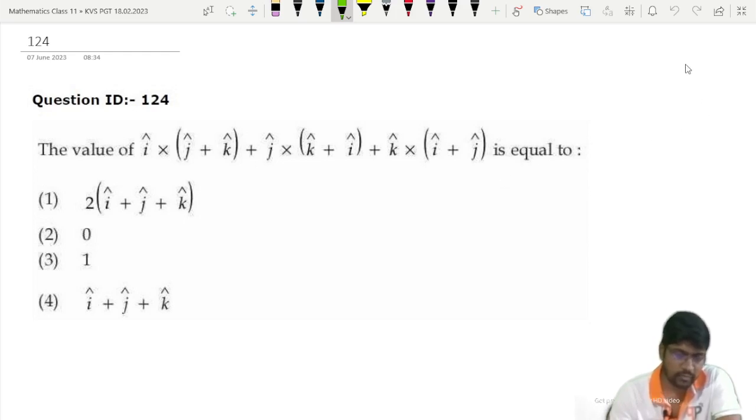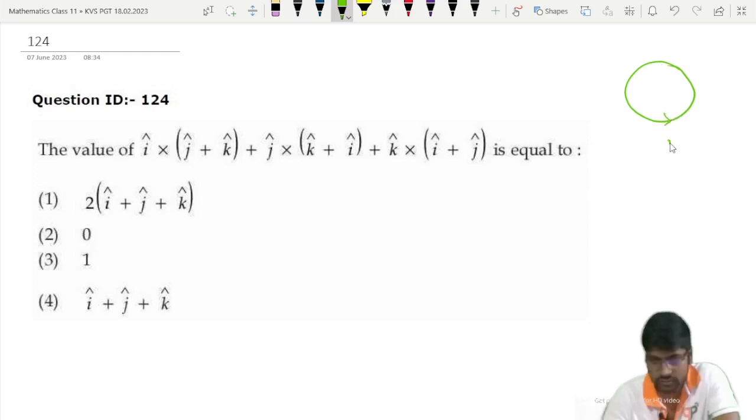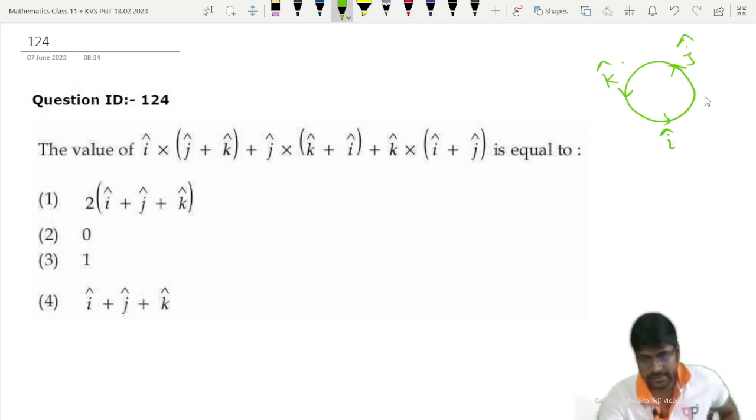For that, just remember one thing: whenever you are taking cross products of the unit vectors i, j and k, if you take the cross product of two consecutive unit vectors in the anti-clockwise direction, then that will give you the next vector. For example, i cross j, in the anti-clockwise direction, will give us k.